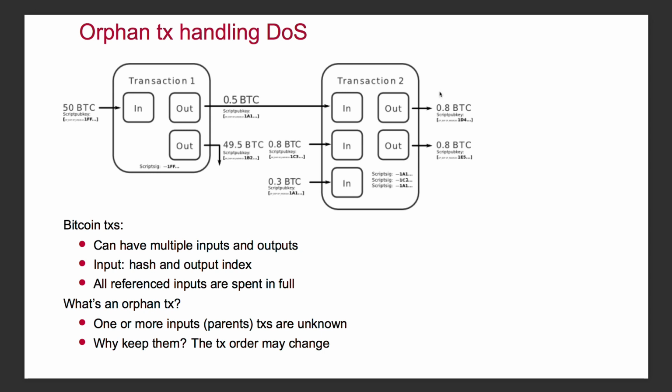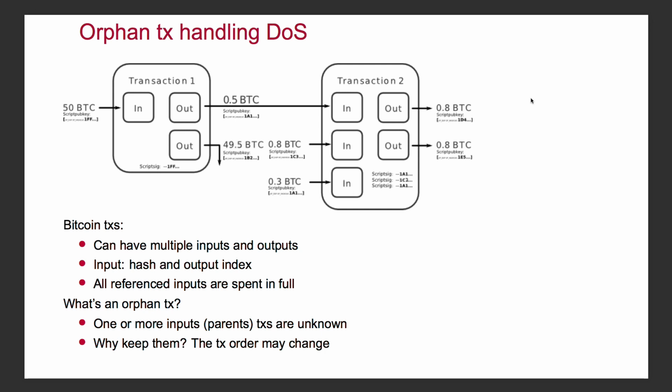Not creating new coins, we're just transferring coins into new places. So what's an orphan transaction? An orphan transaction is a transaction where an input is unknown. If someone sends a transaction that refers to a previous transaction that's not on the blockchain, that's an orphan transaction.